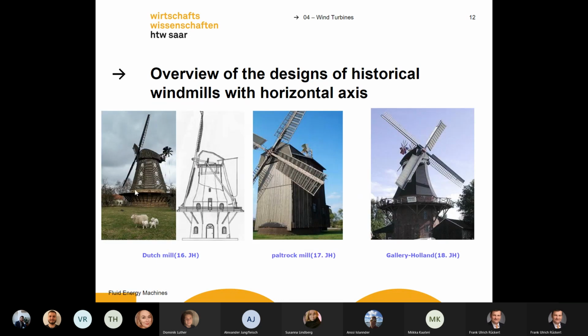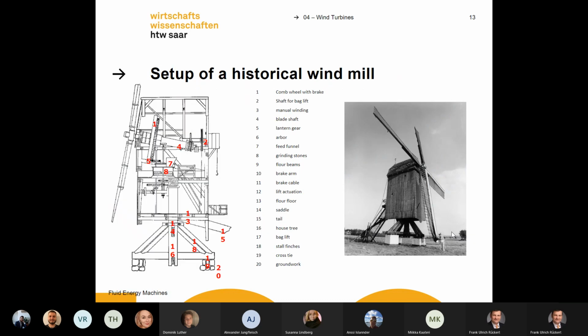Here are some mills from the 16th century. This is a bit like a house here, and it was also built to rotate. A pile truck mill, or a modern gallery windmill from the Netherlands. That's the setup of a historic windmill, more or less.